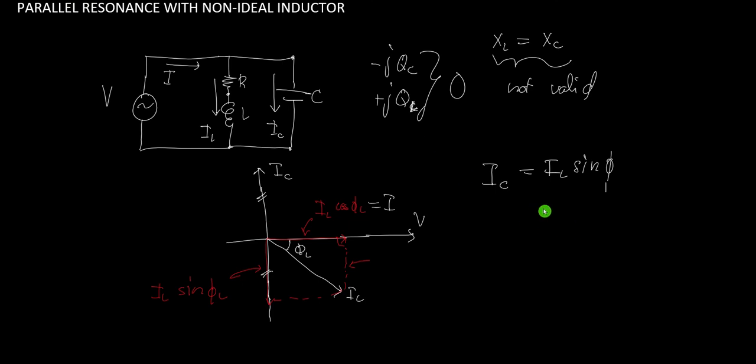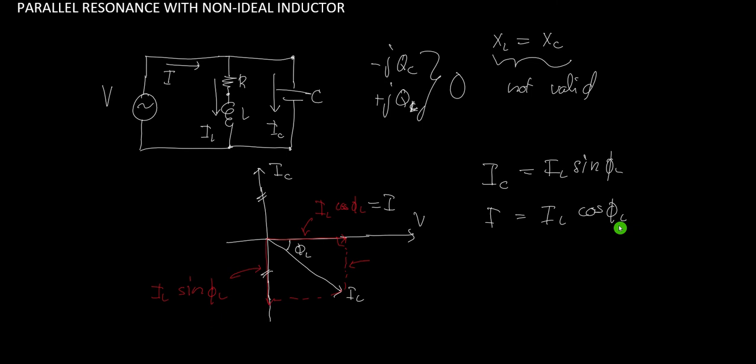So this is the condition for us to have a pure resistive circuit, so that the total current will be this I here, which is in phase with the voltage V. And it is now in a resonance phenomenon because it's acting like a pure resistive circuit. And I is equal to IL cosine of phi L.